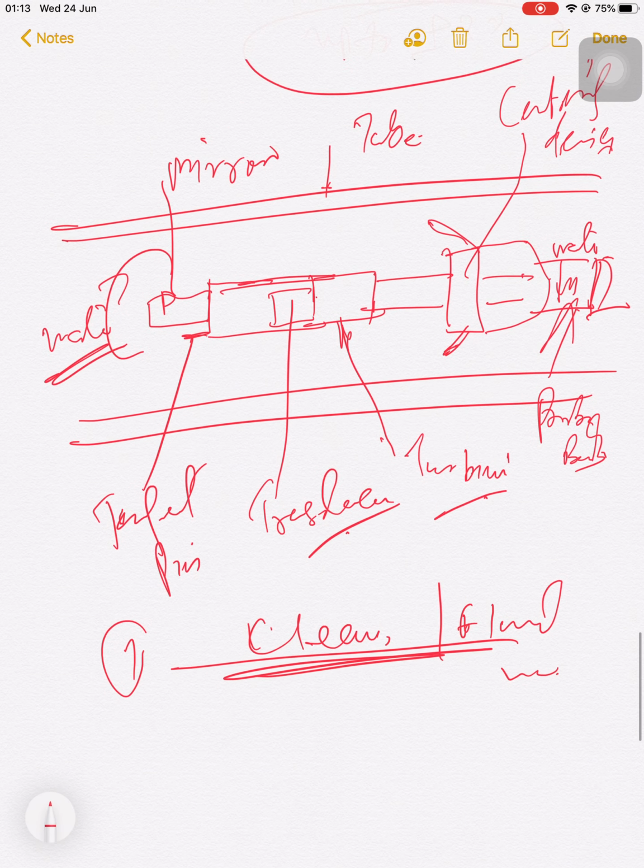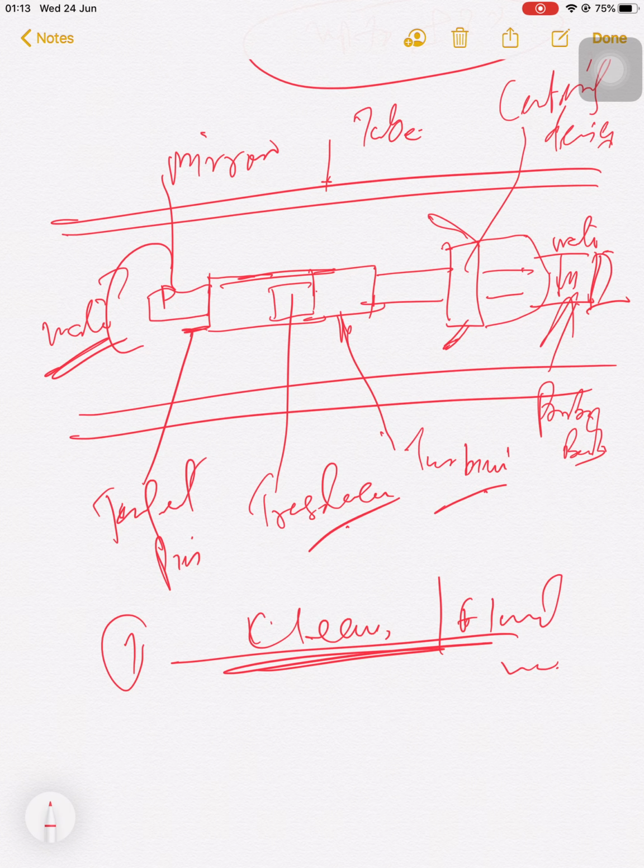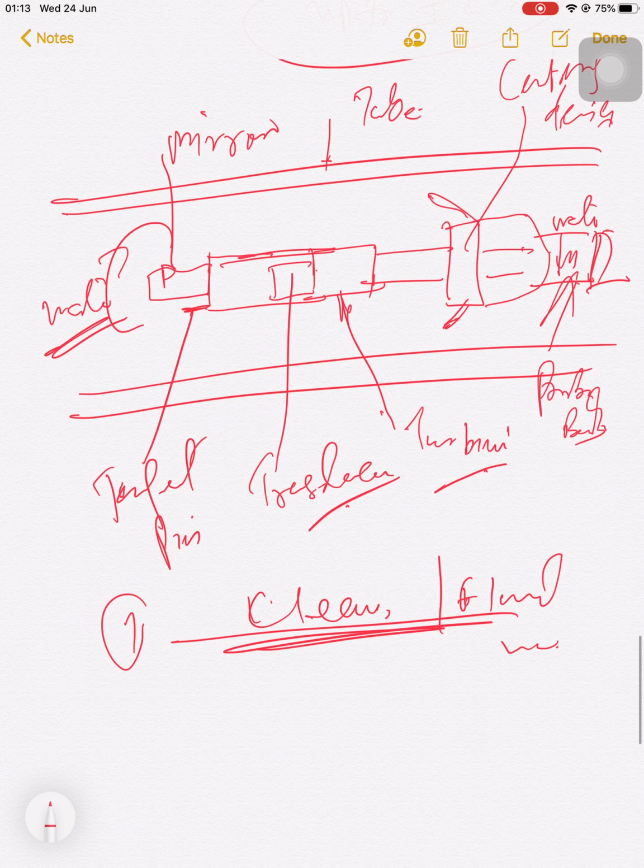The probe consists of an ultrasonic transducer which directs an ultrasonic beam towards a mirror inclined at 45 degrees to the tube axis.